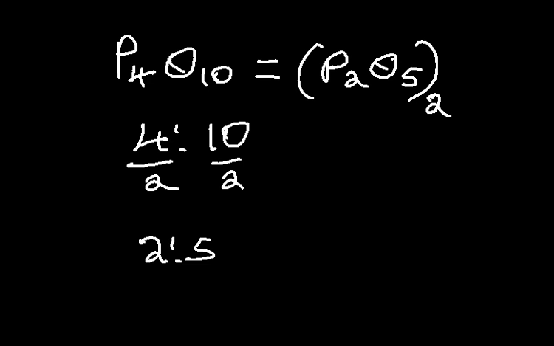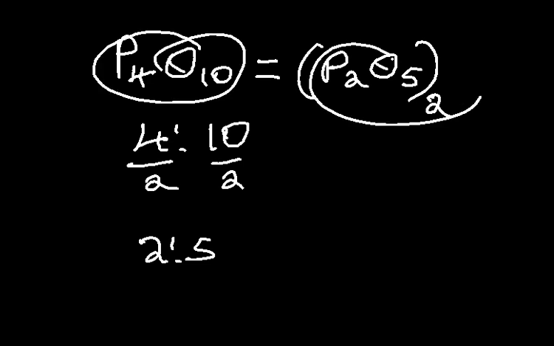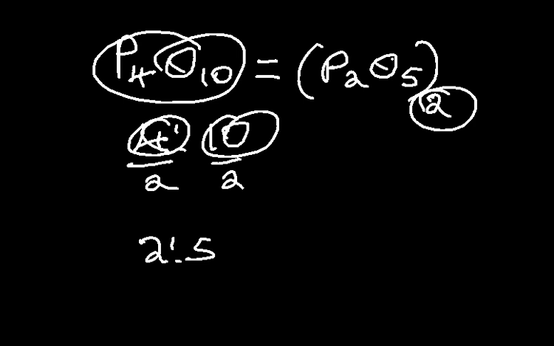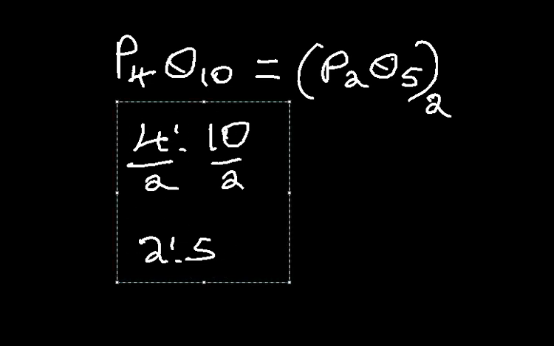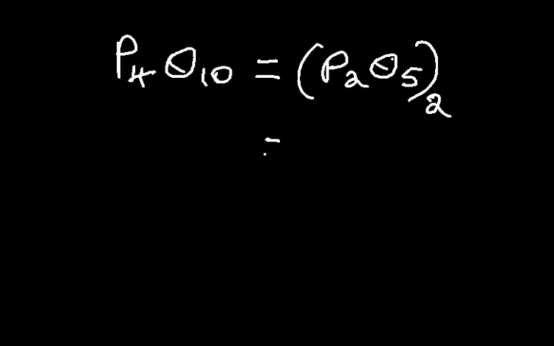So you see that this is the same as this, where this 2 is the common factor for 4 as well as 10. If we distribute the 2, we'll have B4 as well as O10. That is the same as that.